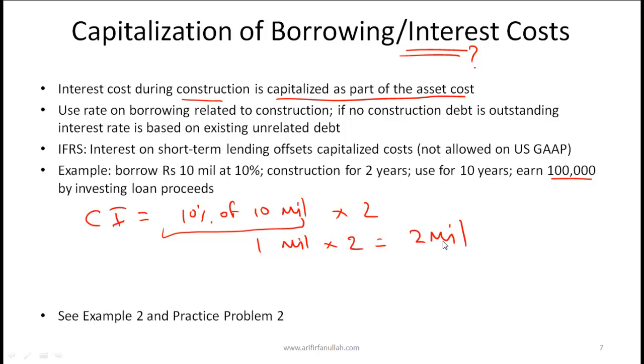So 2 million rupees will be capitalized. But since we are using IFRS, which is what we would be doing in almost every country other than the US, we subtract the investment income. So minus 0.1 million. Our total capitalized interest is going to be 1.9 million rupees.